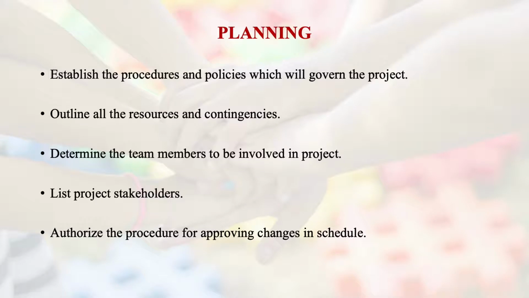The stakeholders should be told how the project is being scheduled or planned, so that you can get a go-ahead from the stakeholders. Then authorize the procedure for approving changes in schedule. So who will be authorized, how we can make changes, who will be discussing the changes, right? All these things go into the planning part of it.